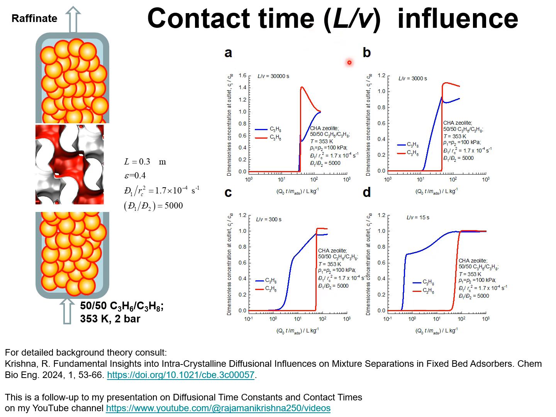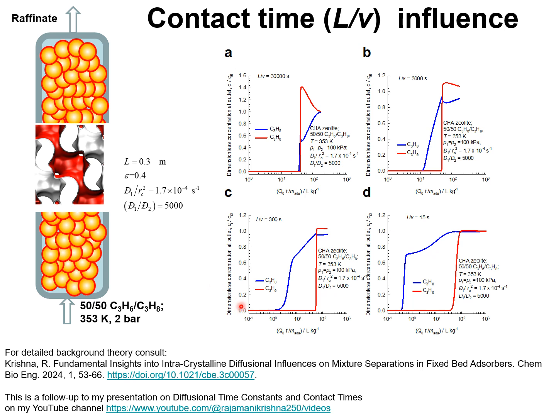Indeed, the influence of decreasing contact time is analogous to the influence of decreasing values of the parameter D1 divided by the square of the crystallite radius.